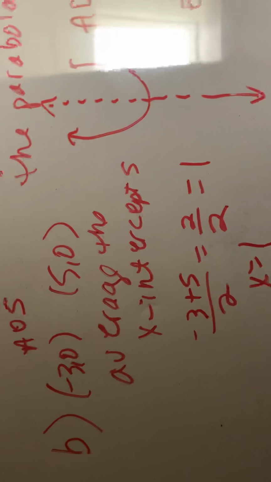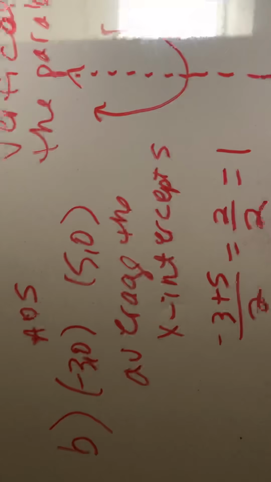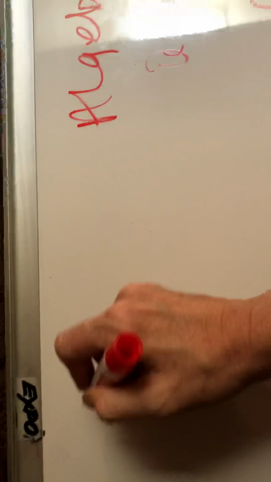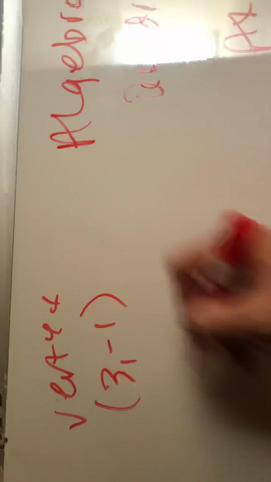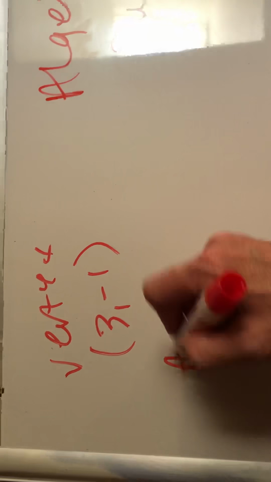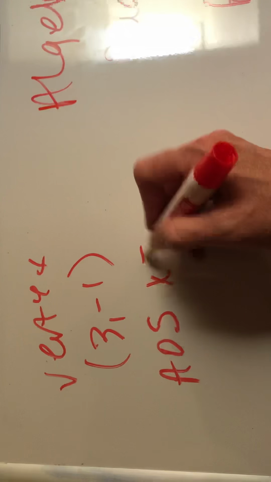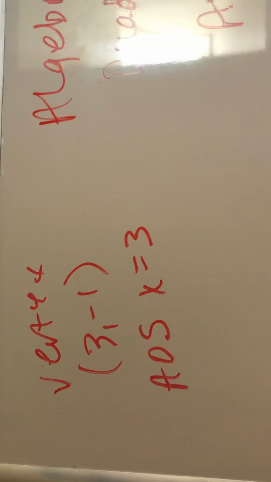Okay, now let me do an additional one like that right quick. So let's say we've got a vertex of (3, -1). That's my vertex. So my axis of symmetry is x equals 3, because it's the x coordinate of your vertex.